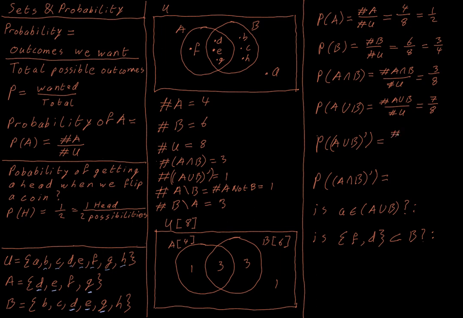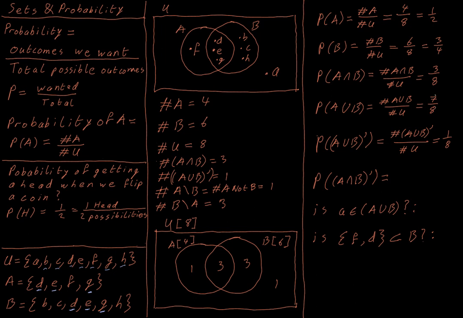We have cardinal number of A union B complement all over number of elements in our universe. We know there's only one element outside of A union B, so we want all of the elements that are not in A union B. Well, there's only one of them, so that's going to be 1/8.